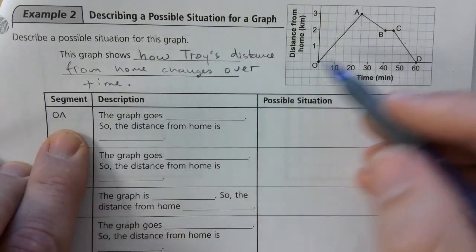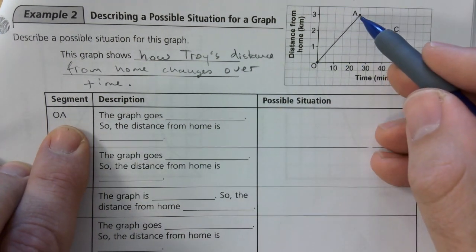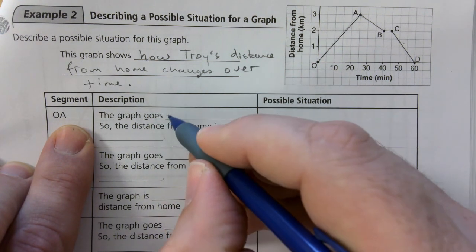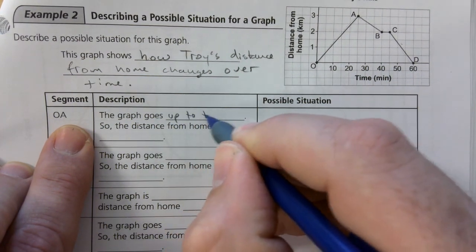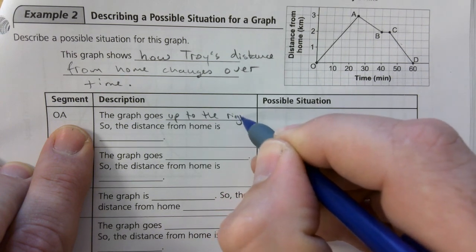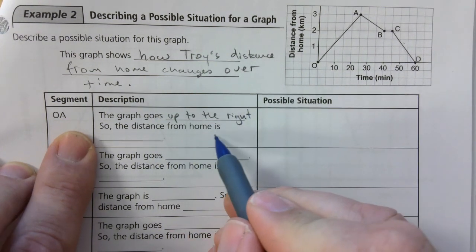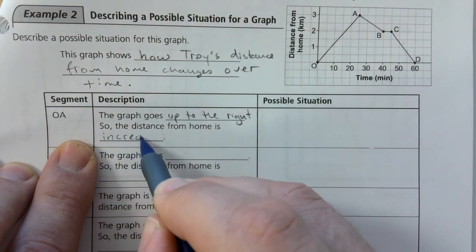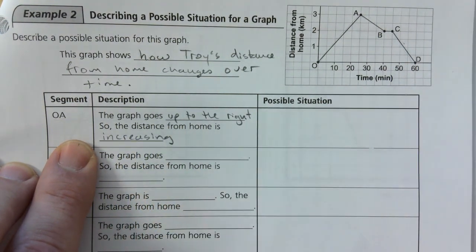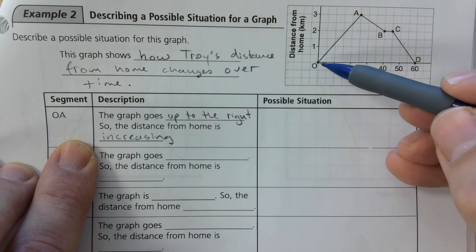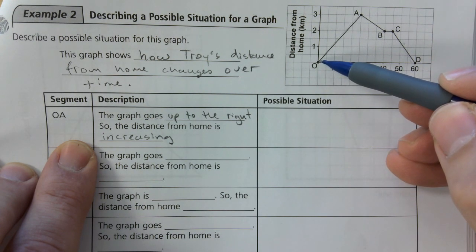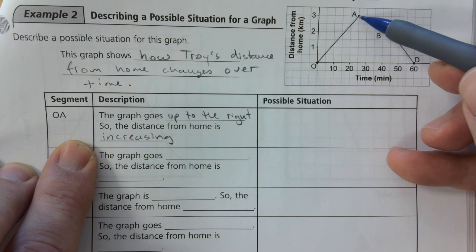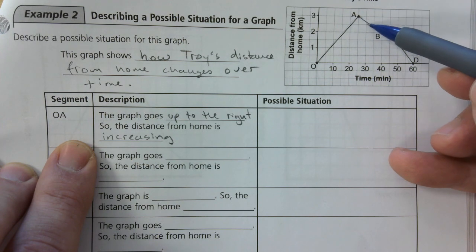So segment O to A, from 0 to A, the graph goes up to the right. So the distance from home is increasing. So obviously Troy is probably starting his walk and walking away from home. So it's increasing until there's a change now.